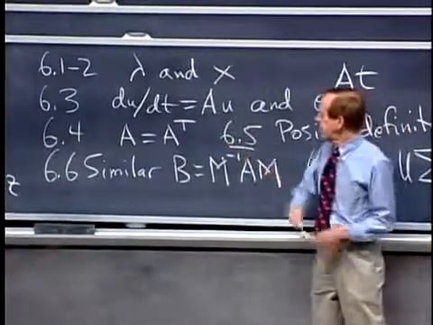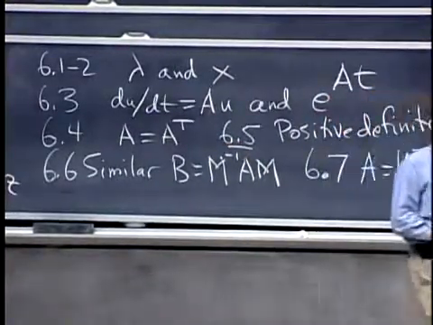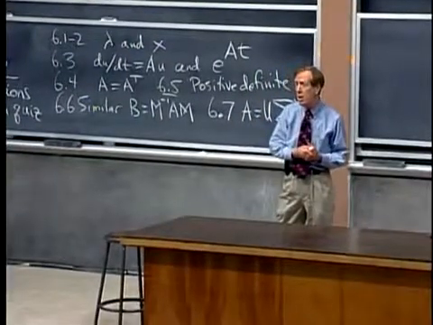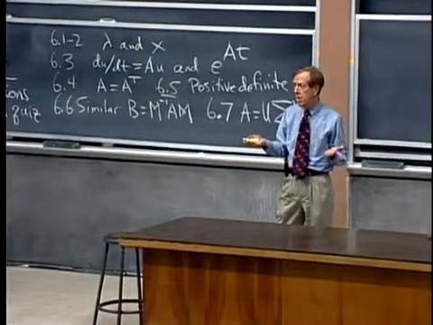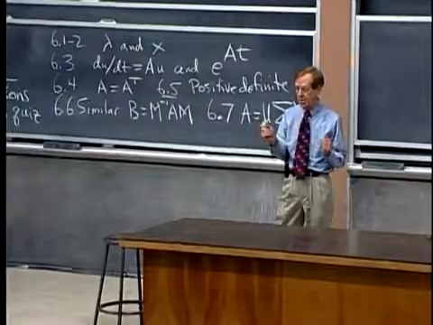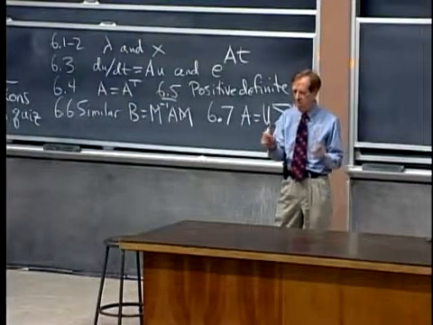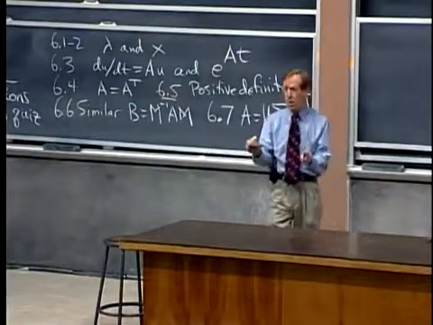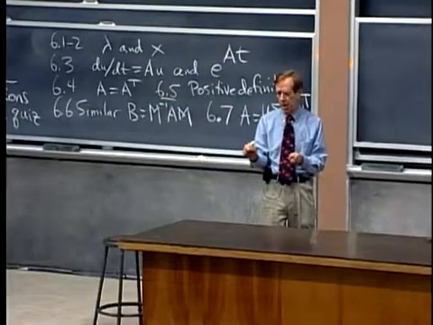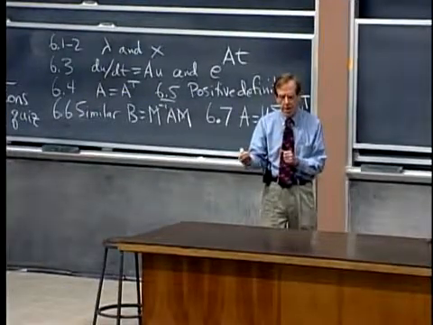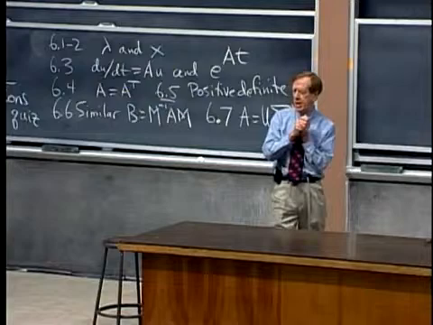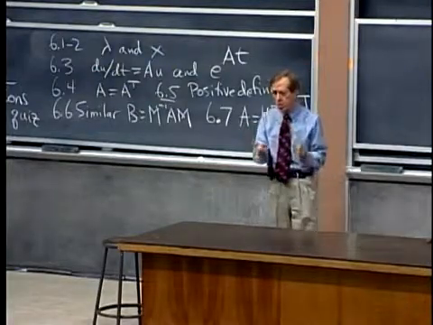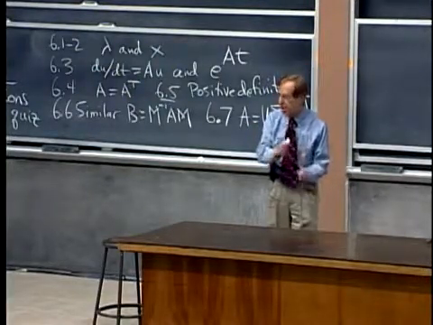Their eigenvalues are real. The eigenvalues of a symmetric matrix always come out real, and there always are enough eigenvectors. Even if they're repeated eigenvalues, there are enough eigenvectors, and we can choose those eigenvectors to be orthogonal.